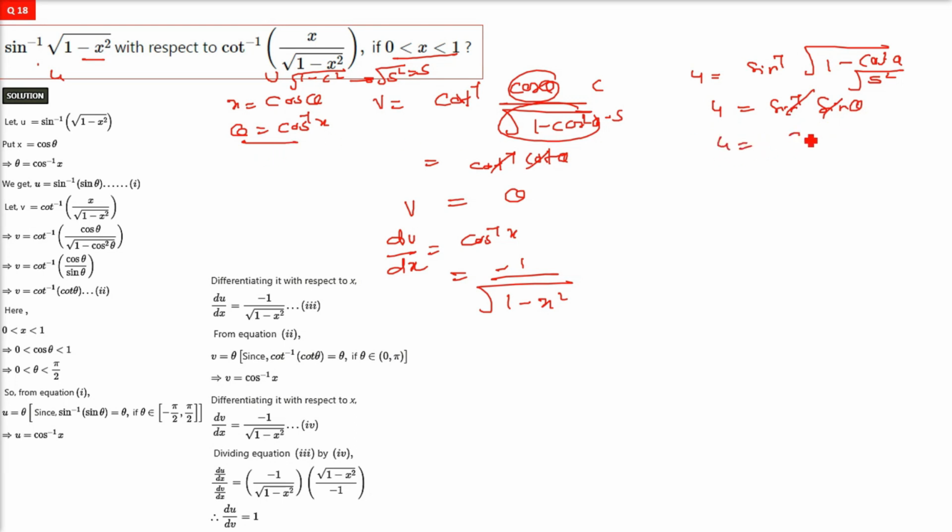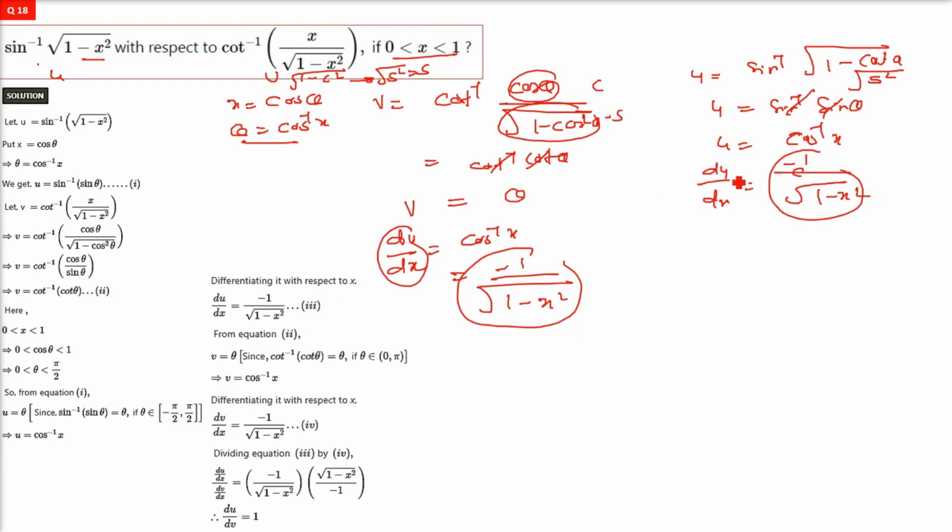Theta is what? Cos inverse x. And du by dx will be same as dv by dx, because both are cos inverse x, minus 1 by under root 1 minus x square. So these two are exactly similar. When we divide this, dv by dx divided by du by dx is going to be what? It is 1 because both are same. So this is your answer, right?